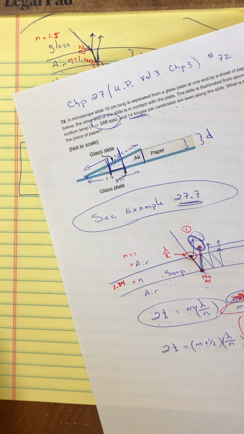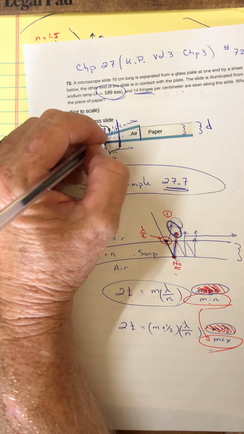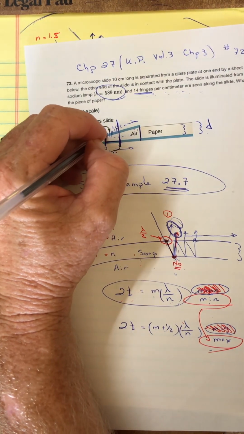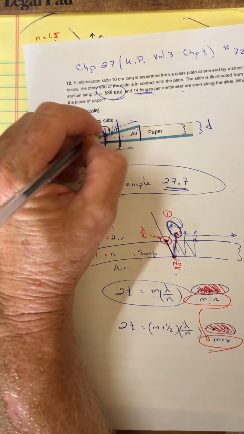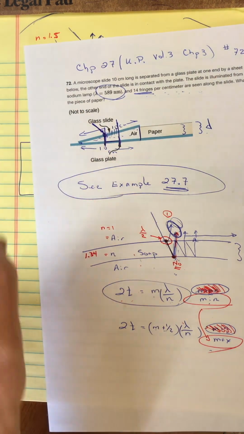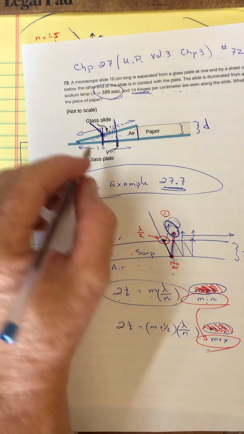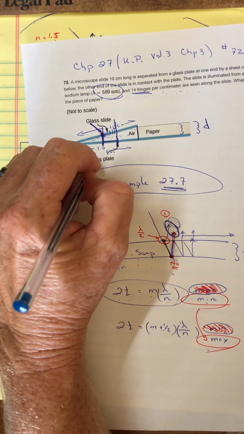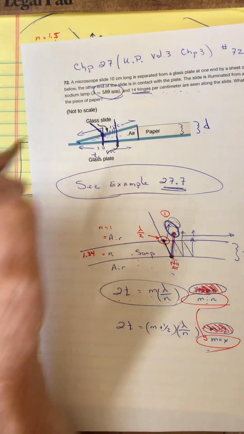So why don't we say, maybe you're looking at this edge right here, and that edge would have a certain thickness. Maybe I'll call it T1.